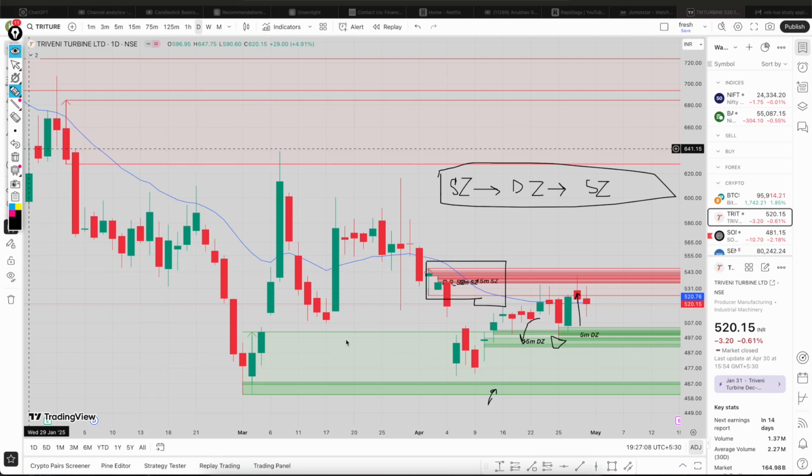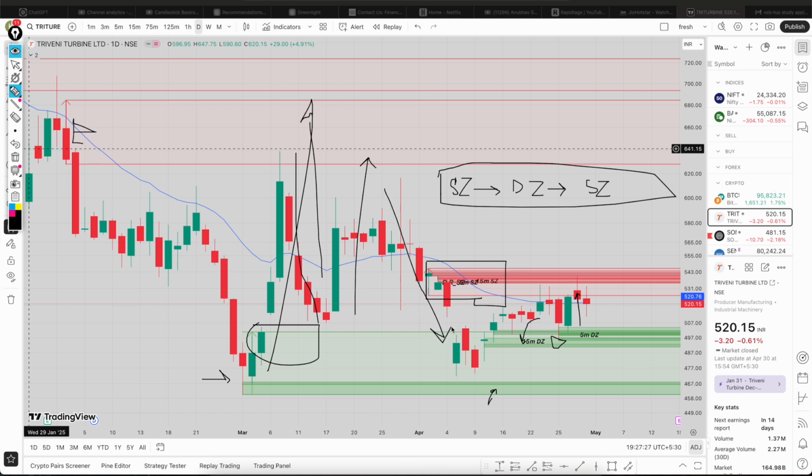So as you can see, this is my demand zone over here, and this is my supply zone over here. Market went up to this supply zone, came down, and a new demand zone was created. So from supply zone to demand zone, and then again go back to supply zone, again come back to demand zone.